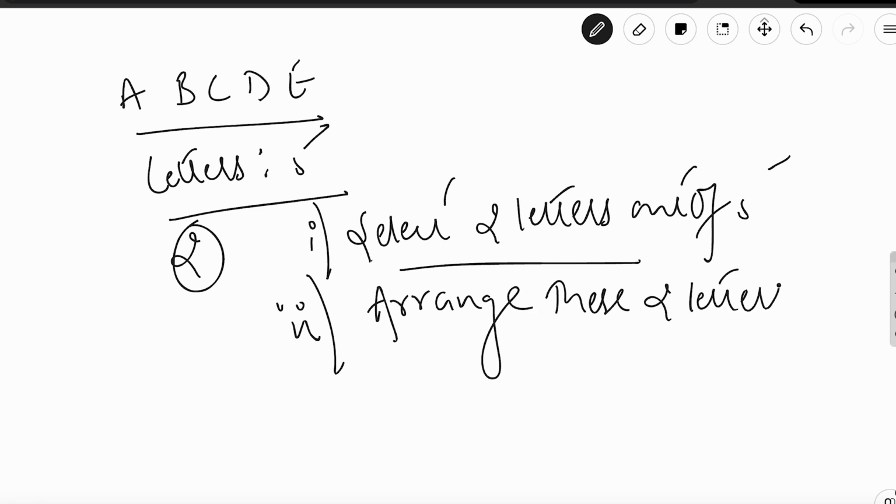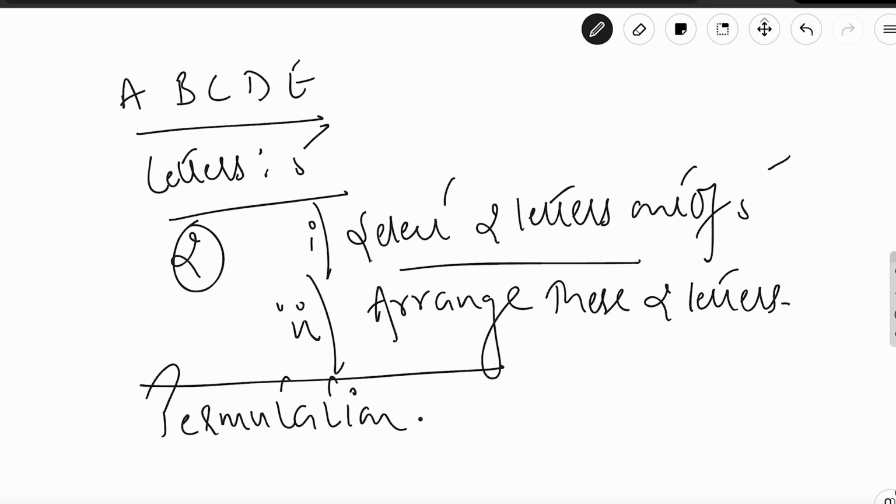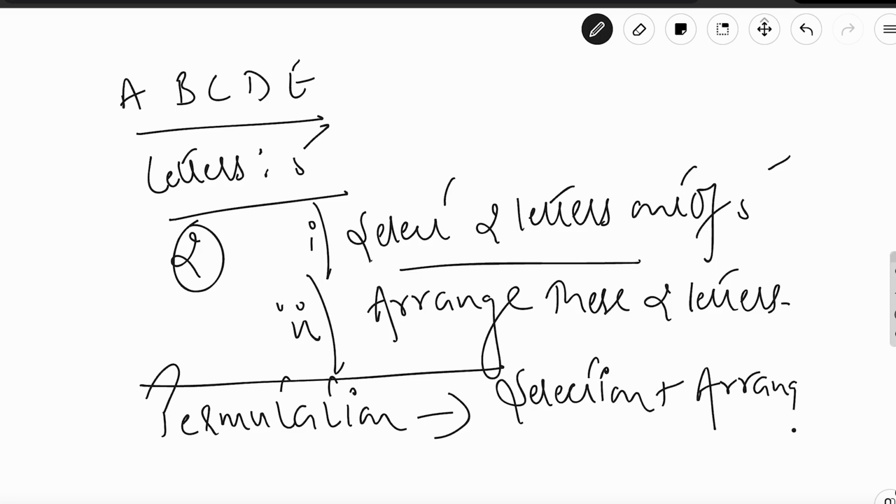One very important thing that we must remember is that permutation is basically selection first. First comes selection and then comes arrangement within that selection.